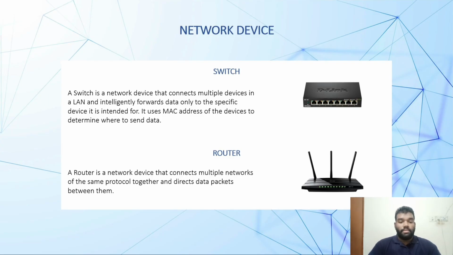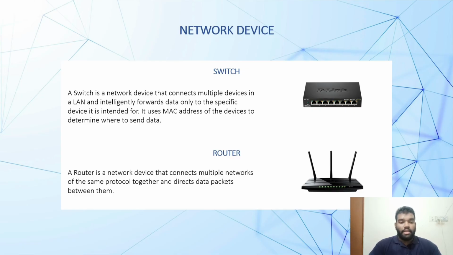And we have switch. Switch connects devices in a LAN network, but sends the data only to the device it is intended for, unlike hub. Switch uses MAC address to recognize devices and send data. Router.